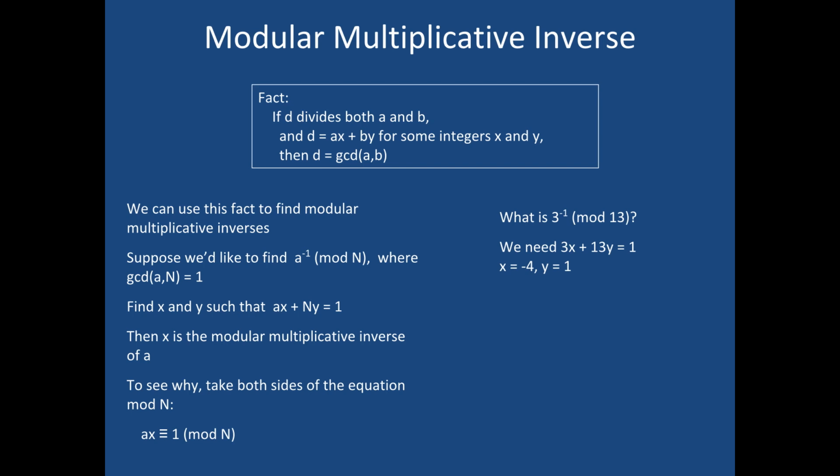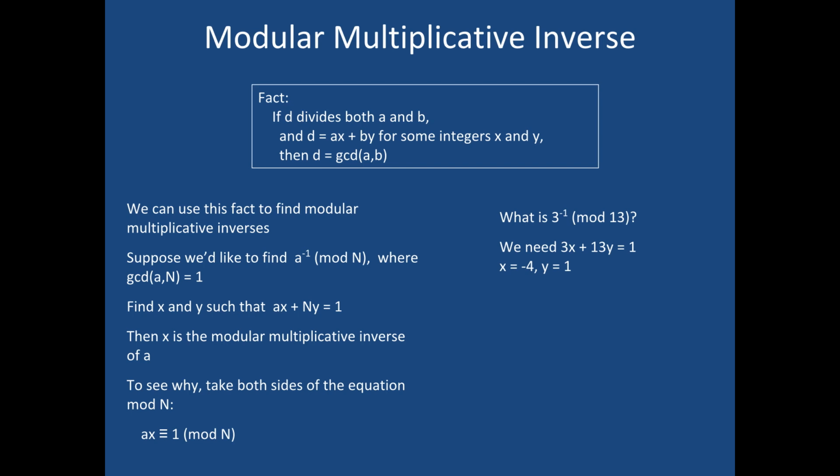Here's negative 4 and 1. That's negative 12 plus 13, which is 1. So then, what is the inverse of 3? Over here it said, if you solve this equation, x will be the inverse. So negative 4 is the inverse of 3.